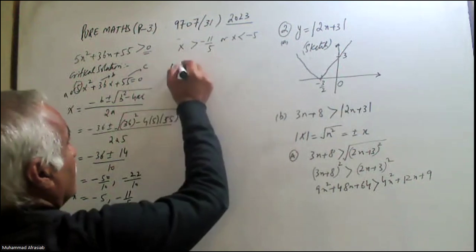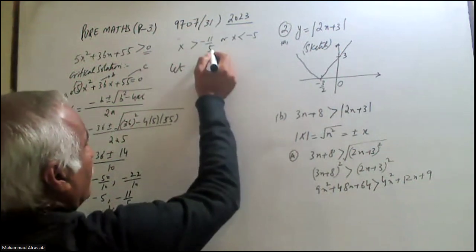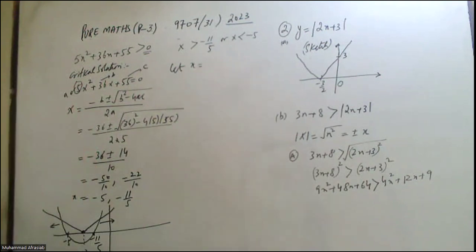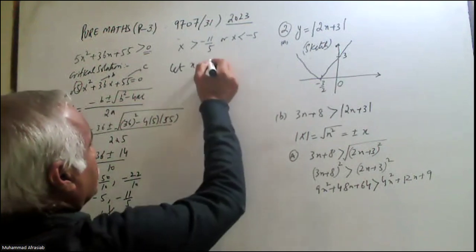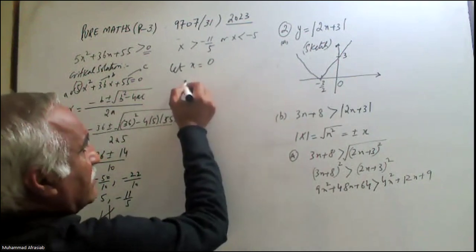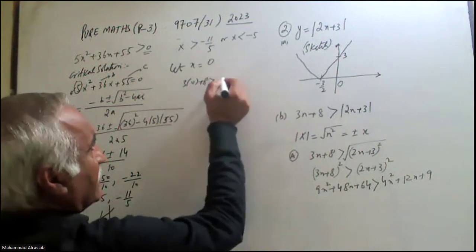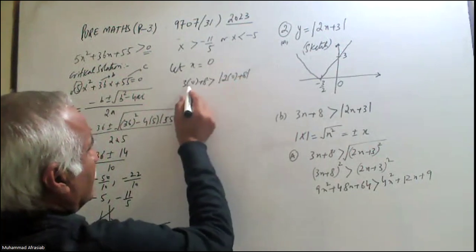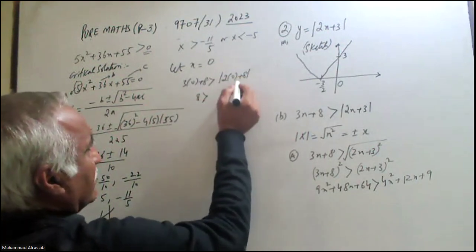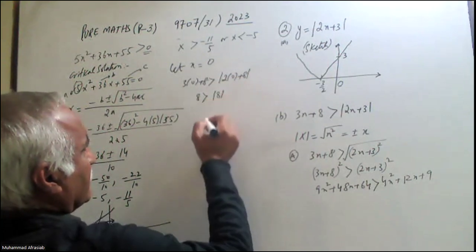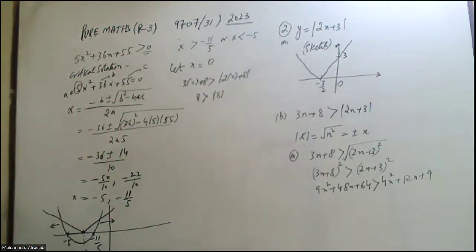Let x be greater than minus 11 over 5, which we suppose, let's say, x is equal to 0. We put that value into this calculation. 3 into 0 plus 8 is greater than 2 into 0 plus 8 modulus. So this is 0 plus 8, which is 8, and this is 0 plus 8 modulus, but 8 modulus is equal to 8, so we have not 100% verified this.